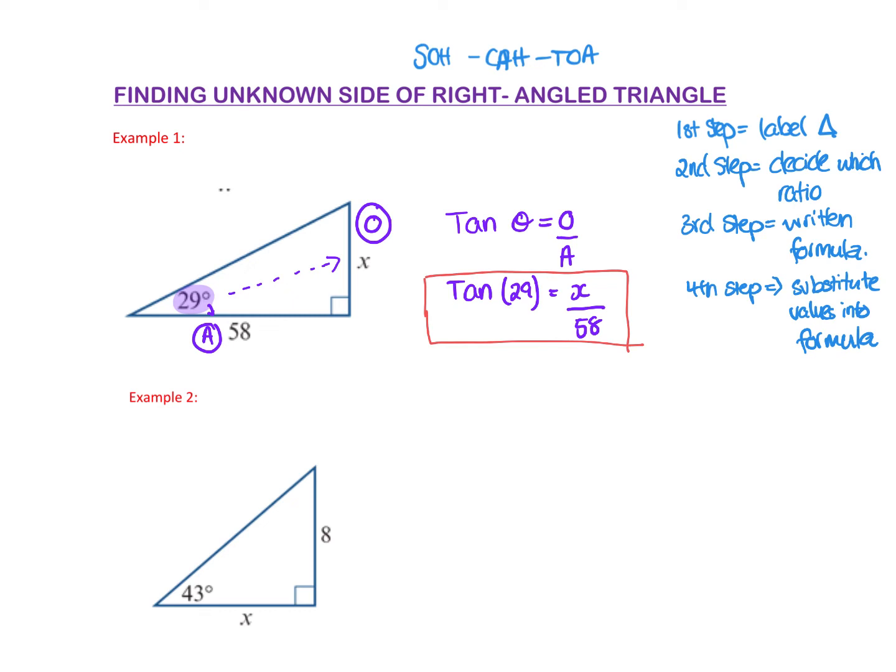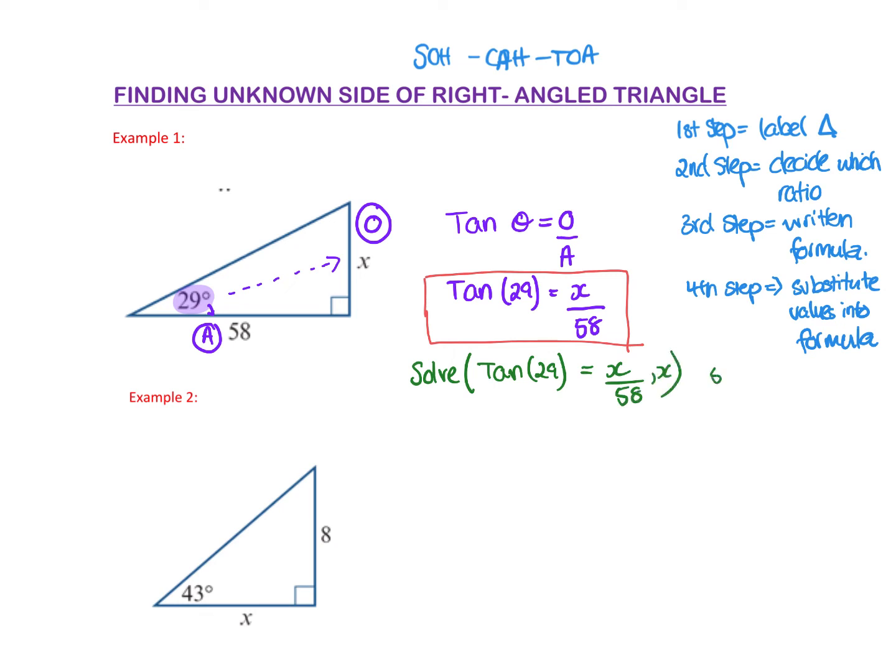So we're going to use our solve function. We write solve. How do we get solve? Menu 3-1. Good. We type tan 29 equals, and then comma x.